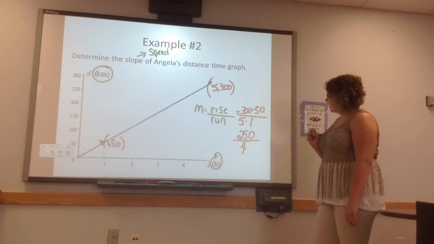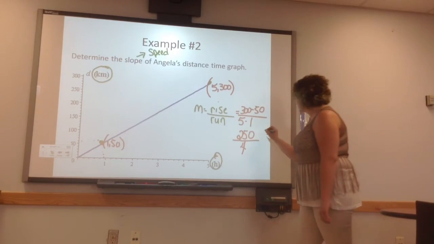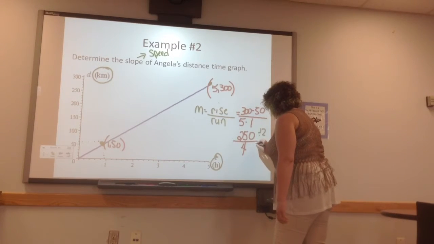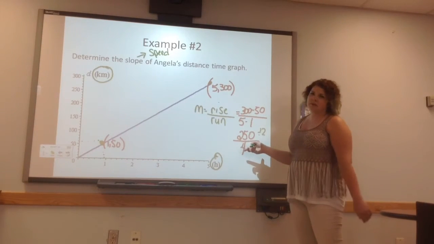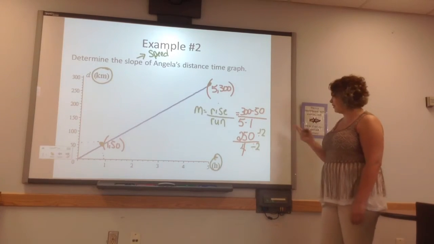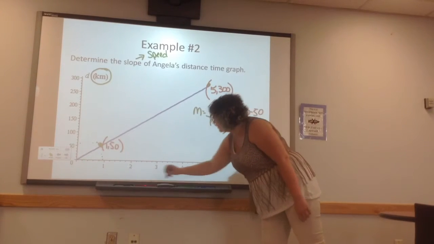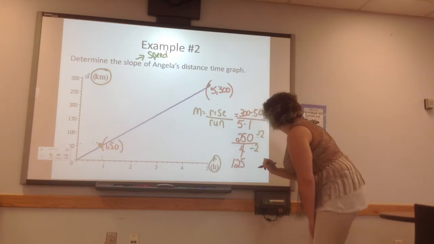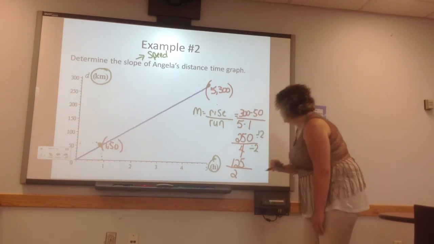All right, let's simplify this. What I'm going to do is divide each by 2. Okay, so divide this one by 2 and divide this one by 2. I know 4 can be divided by 2, and anything with a 0 can easily be divided by 2 as well. So 250 divided by 2 is 125, and 4 divided by 2 is 2.